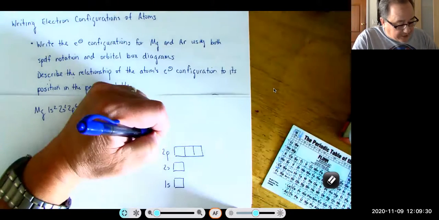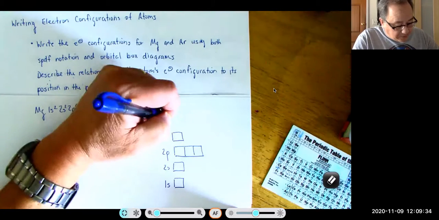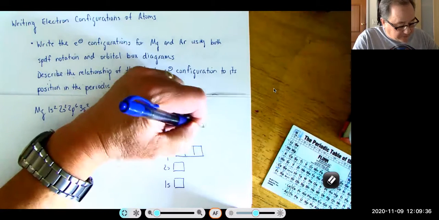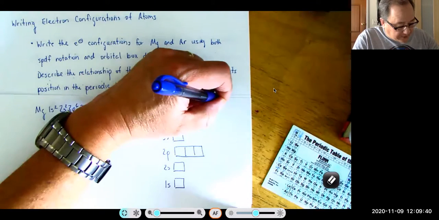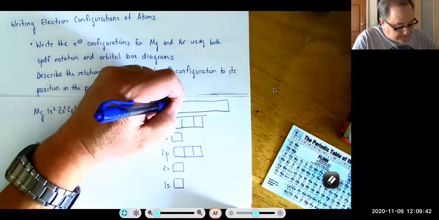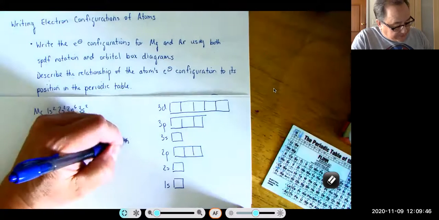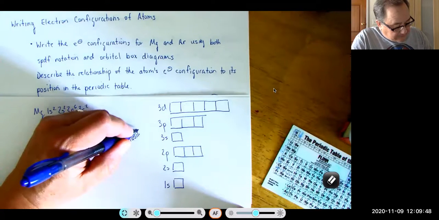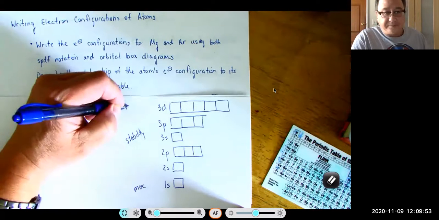The 3s has 1 orbital, so you draw 1 box. The 3p has 3 orbitals, so you draw 3 boxes. And the 3d has 5 orbitals, so you draw 5 boxes. So this is an order of stability, where this is more stable and this is less stable.